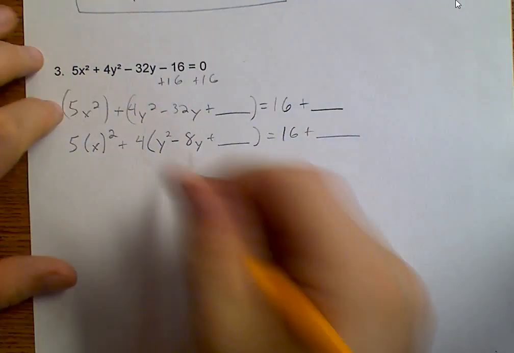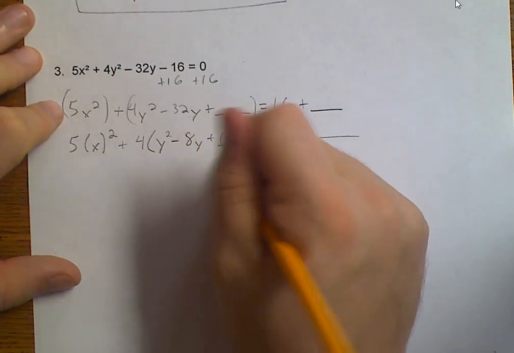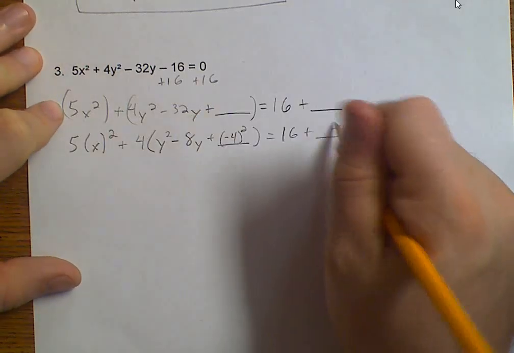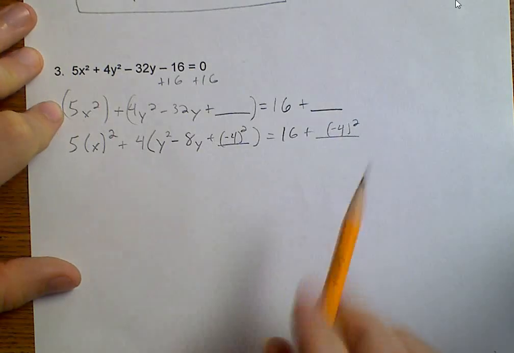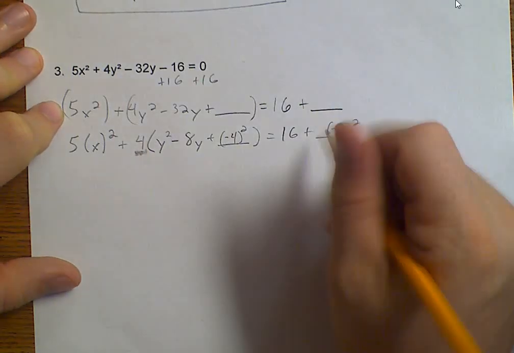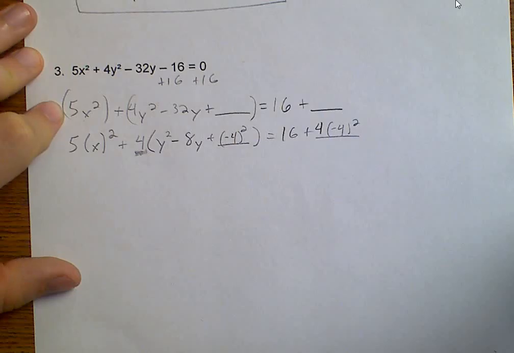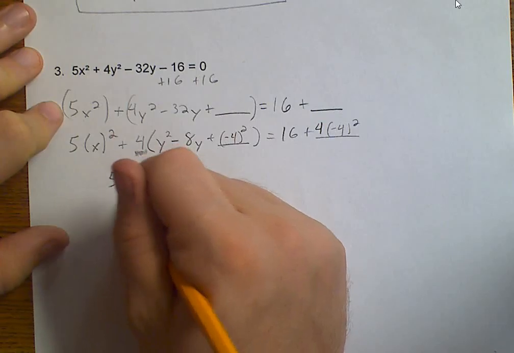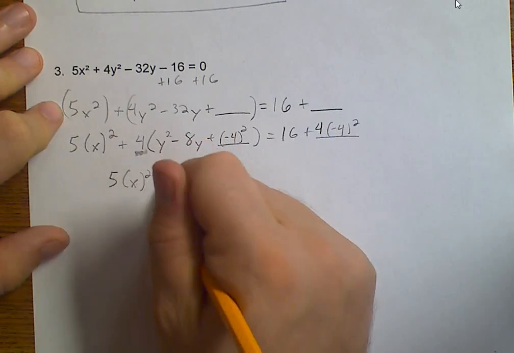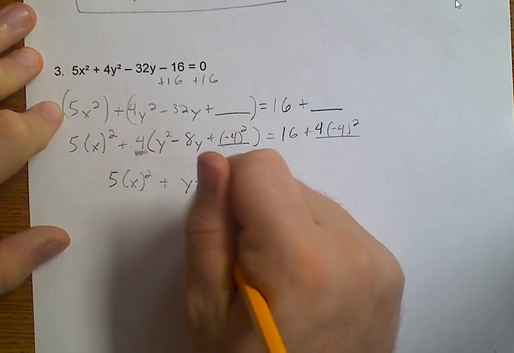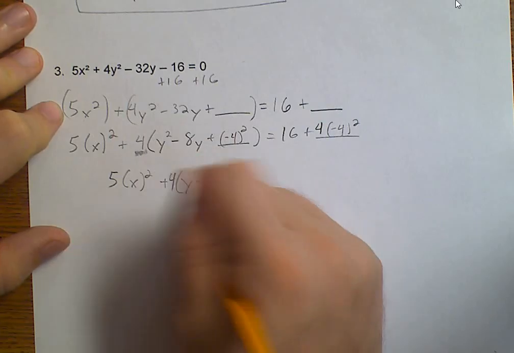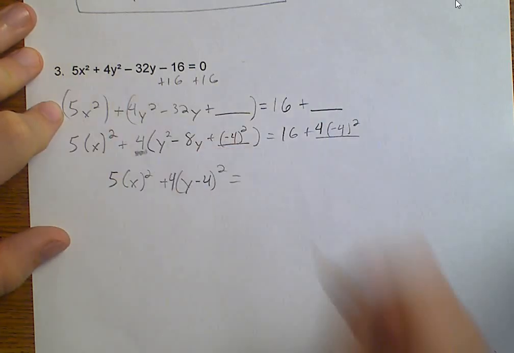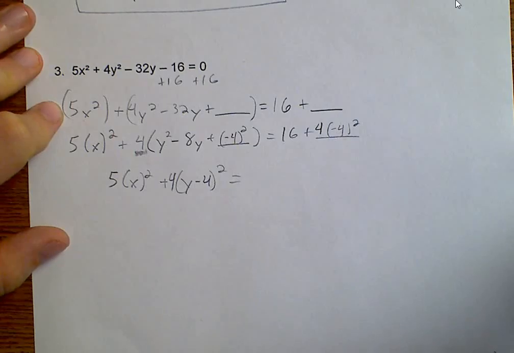Well, half of negative 8 is negative 4 squared. But it's not just negative 4. I need to make sure that I include this 4 right here. And so what I get is 5x squared plus 4 times y minus 4 squared, equals 16 plus 4 times negative 4 squared, equals 80.